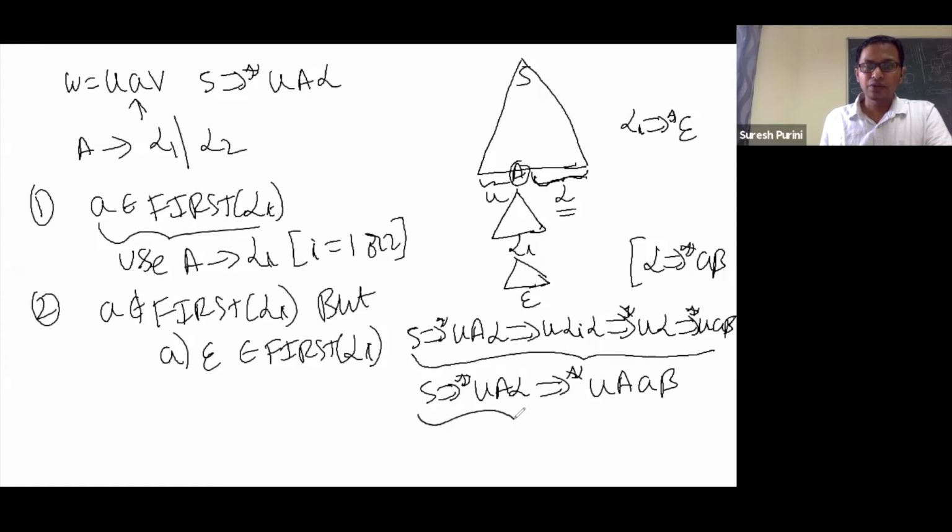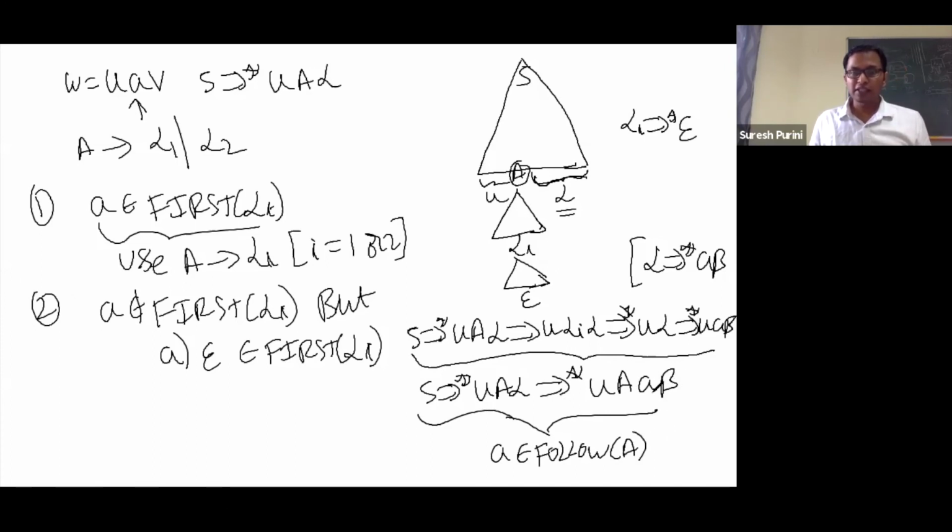This whole derivation implies that the terminal symbol A belongs to follow of A. So in order for this derivation process to successfully unfold, the terminal symbol A should be present in the follow set of A.